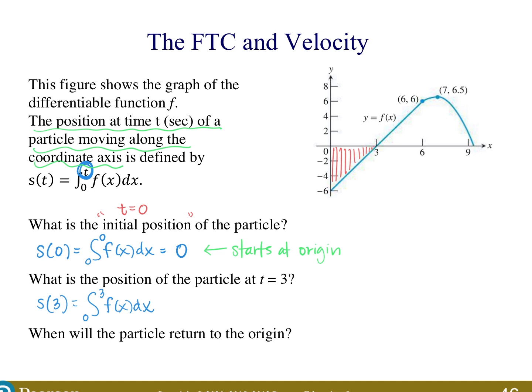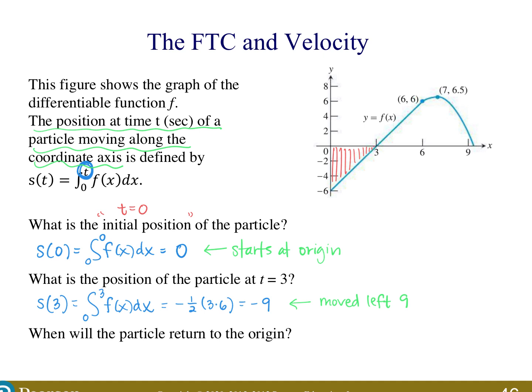So it should have a negative value. So 1/2 times 3 times 6 for my triangle, which is -9. So that means it's moved 9 to the left. Okay, so we've started at the origin and now we've moved 9 left.